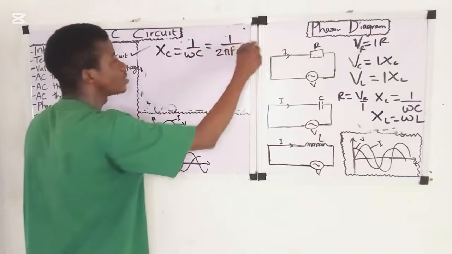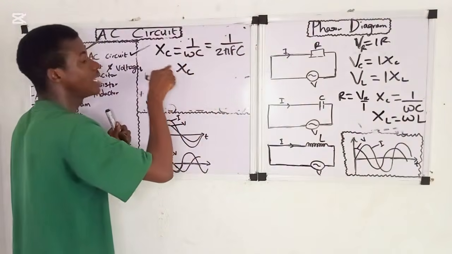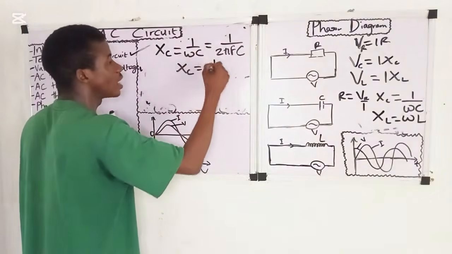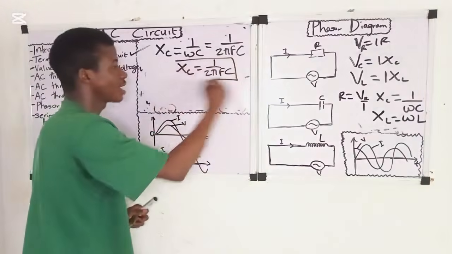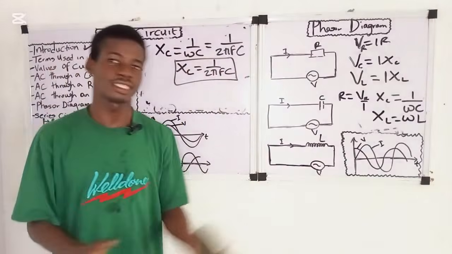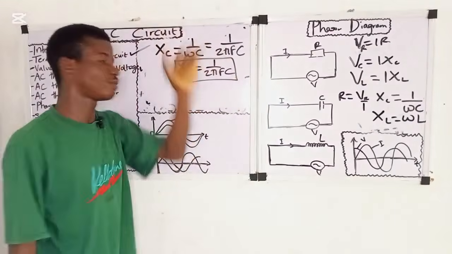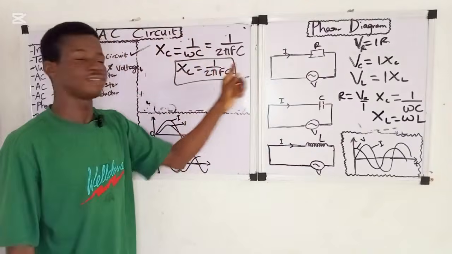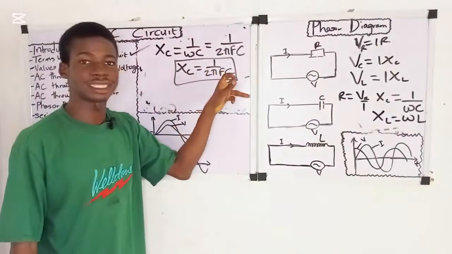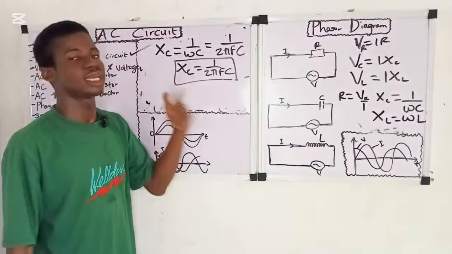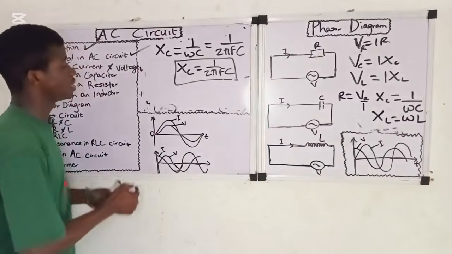So capacitive reactance is equal to 1 over 2 pi f C. If they ask you to calculate the capacitive reactance, they'll give you the capacitance and the frequency. Just put the value of the frequency and the value of the capacitance into 1 over 2 pi f C, and you get the capacitive reactance.